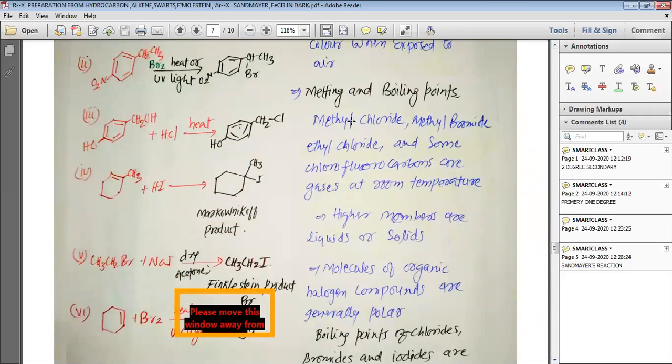Melting and boiling points. Methyl chloride, methyl bromide, ethyl chloride, and some other chlorofluorocarbons are gases at room temperature. Remember, my dear students, that when we have only one carbon, we will get the methyl product. So if there is only one carbon bonded with chlorine or bromine, or two carbons bonded with chlorine, and some other chlorofluorocarbons which have a single carbon, they are gases at room temperature.